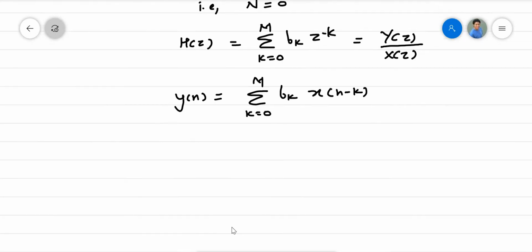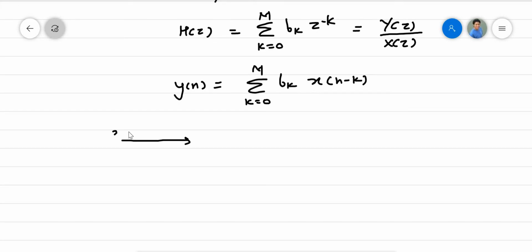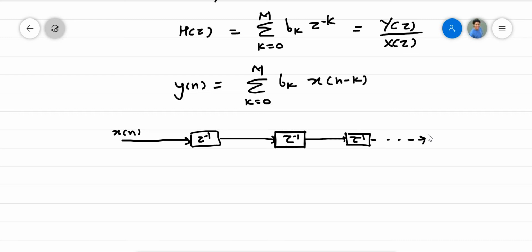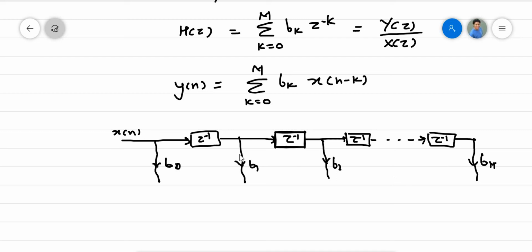Now if we want to realize this particular system, we have an input x[n] which goes through a delay unit z inverse, then again z inverse, z inverse, z inverse, and then this x[n] is multiplied with b0, b1, b2, and at last bM, and all these are added together to yield y[n].